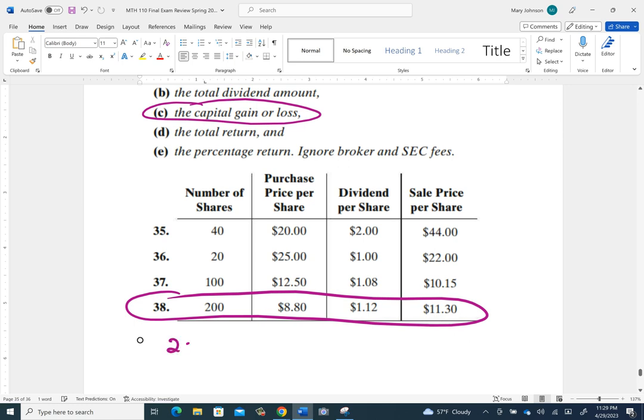So we have 200 shares, and the purchase price when we bought it, we paid $8.80. So 200 times 8.80 tells me that I bought it for $1,760. That's the purchase price.